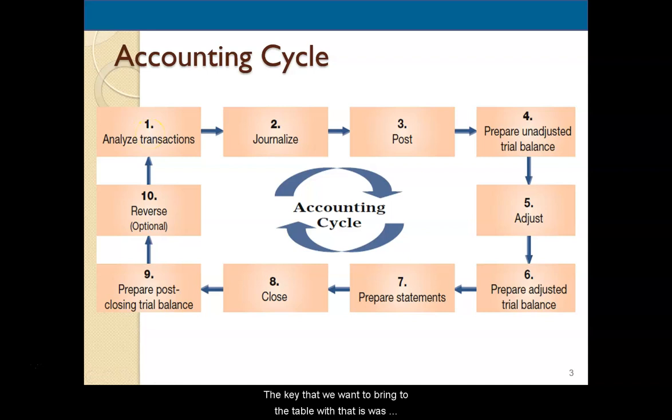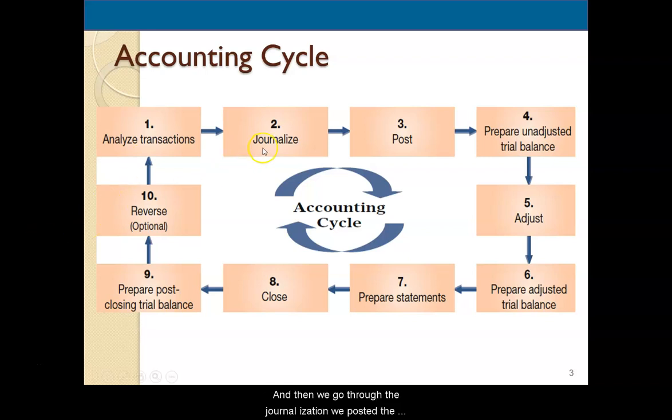And the key that we want to bring to the table with that is, was there an economic event? If there was an economic event, then it's going to be captured and recorded by the accounting system. If not, it doesn't mean it's not important information, but it's not something that's going to make its entry at this point into the accounting cycle, though down the line, if an economic event actually is the result of what was discussed in that first transaction, then we would capture it, right?